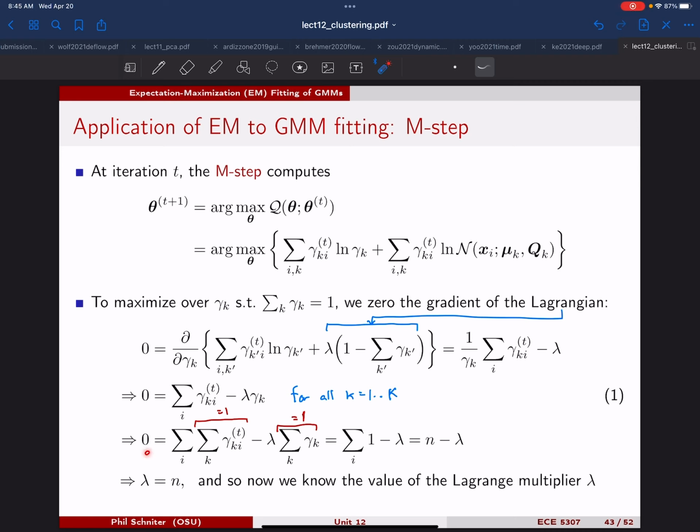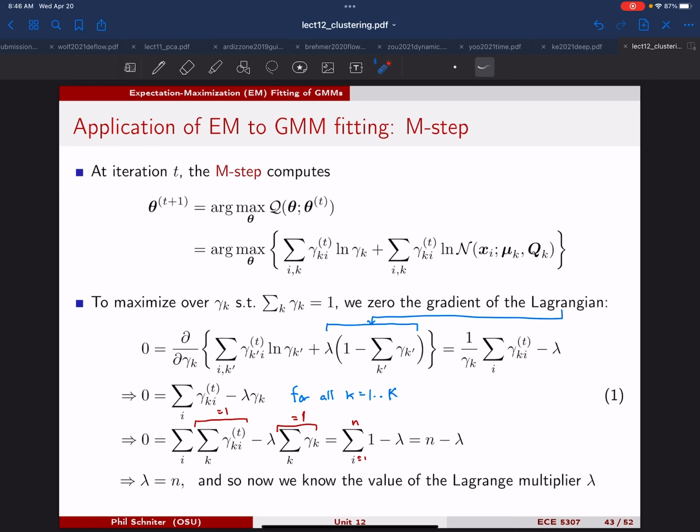So now we know 0 equals a sum over i times 1 minus lambda times 1. And this sum over i is going from i equals 1 to n. So this just turns into the constant n. And now I know that 0 is n minus lambda, or in other words, lambda is n. So we have solved for lambda.